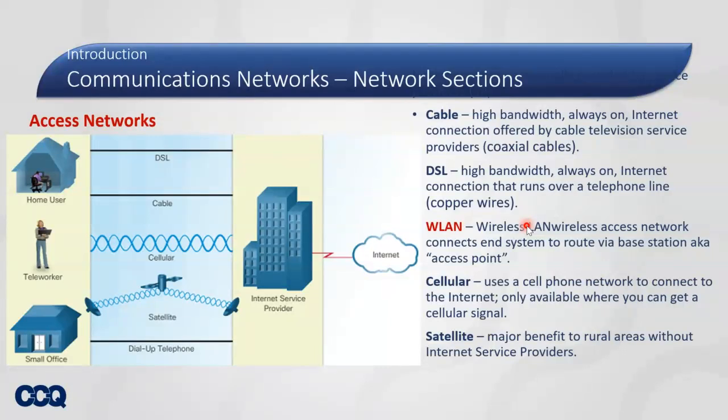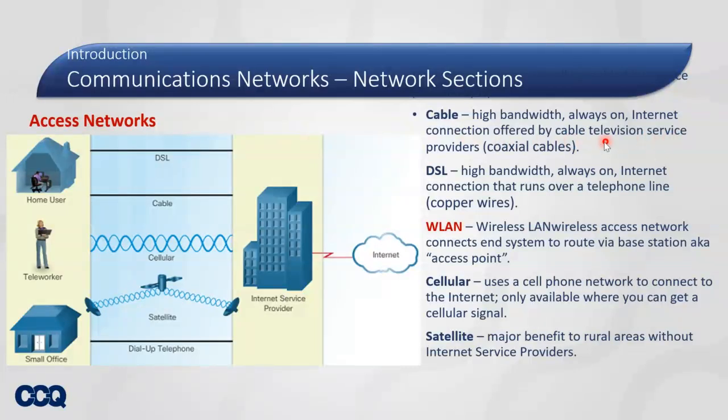What do we mean by always on? We mean that these devices are always available. Not like the cellular, it is only available when we have a cellular signal. The cable and DSL give high bandwidth and they are always available. But the difference is that in the cable, the internet connection is offered by a cable television service.